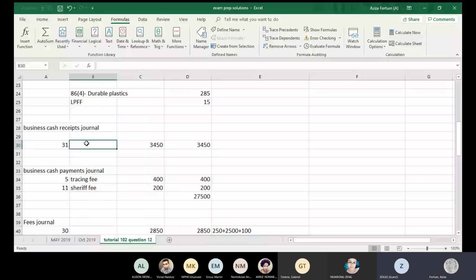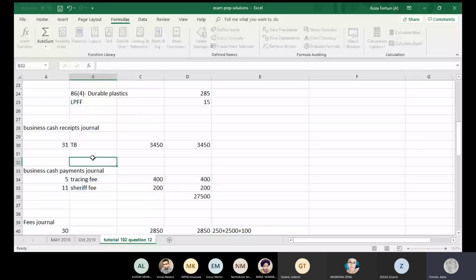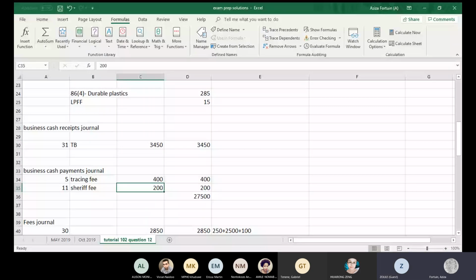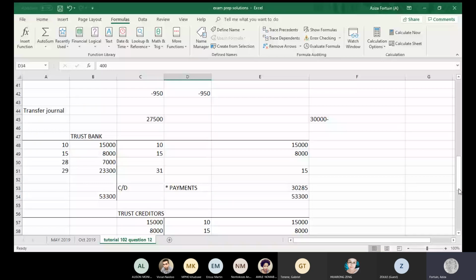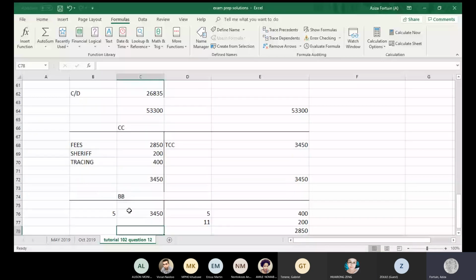Okay. Now my business cash payments journal. Something is not right here about my business cash payments journal. Let's just go look. So my business cash payments journal must be the 3450 as well, and not that 27,000.